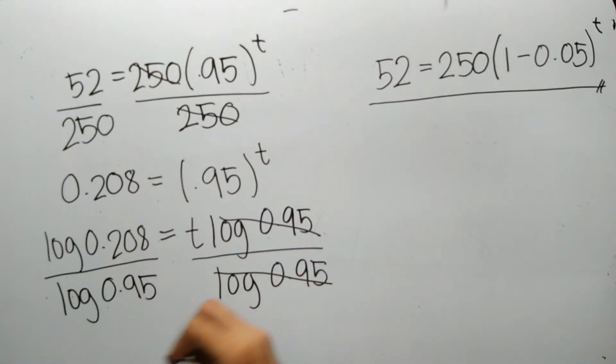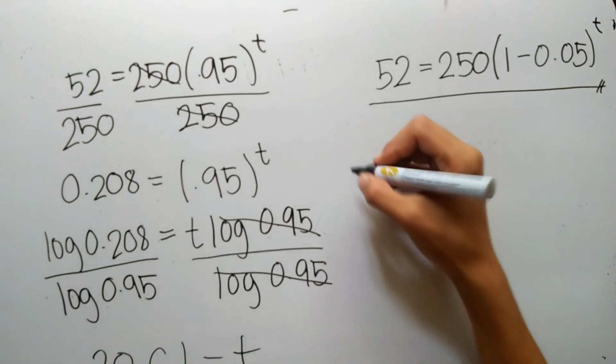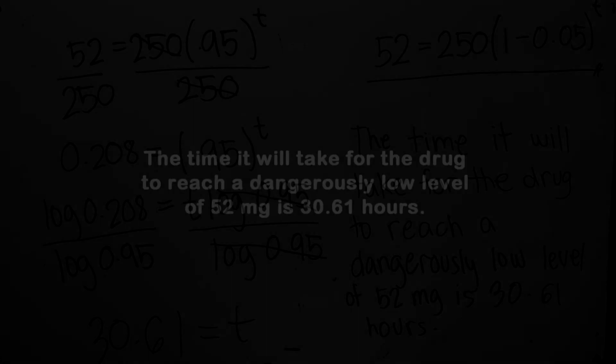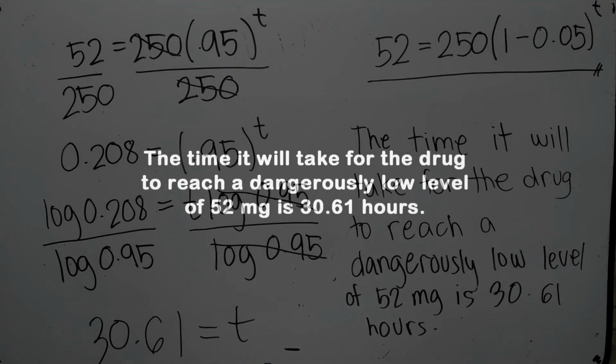Our time is 30.61. Therefore, the time it will take for the drug to reach a dangerously low level of 52 mg is 30.61 hours.